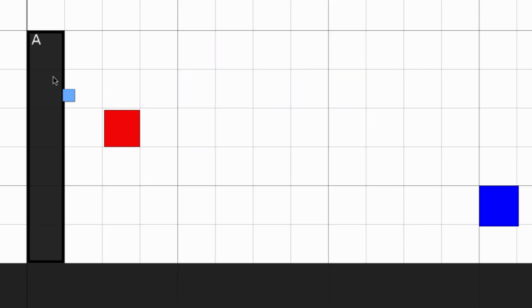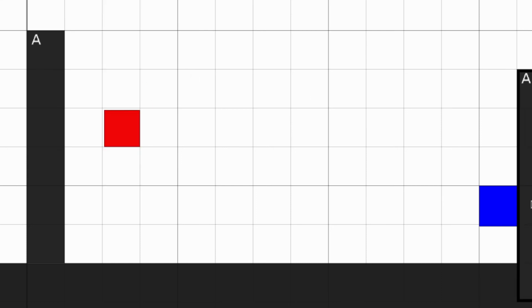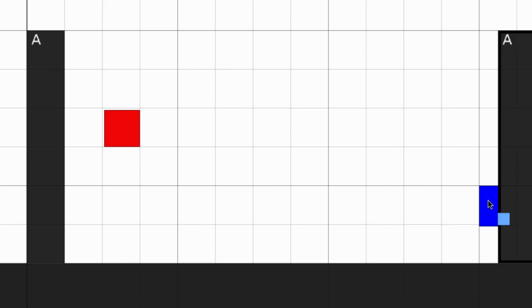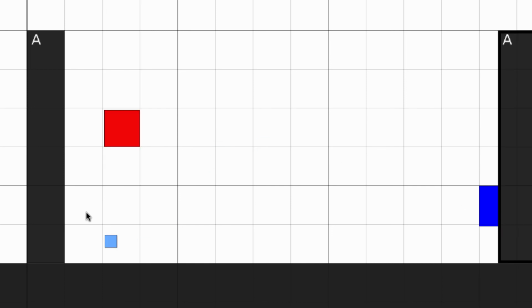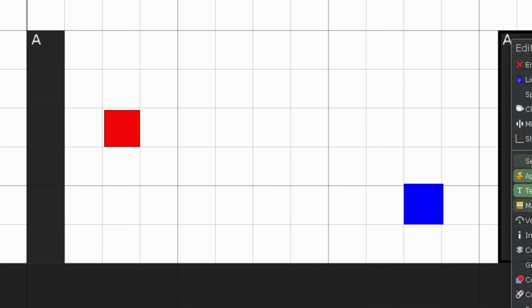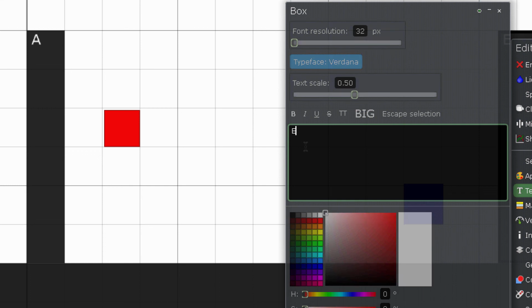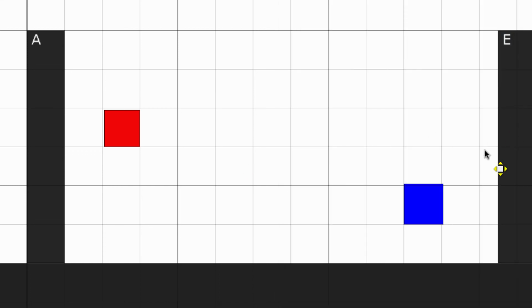And I'll put another post over here to represent our endpoint. Again, they're just to give some context, so it's there. And no, I'm not going to add any trees or anything. That's kind of silly.